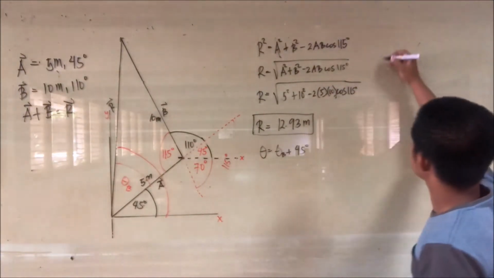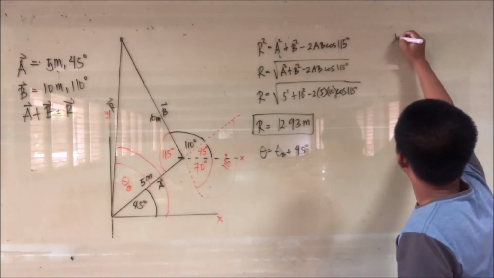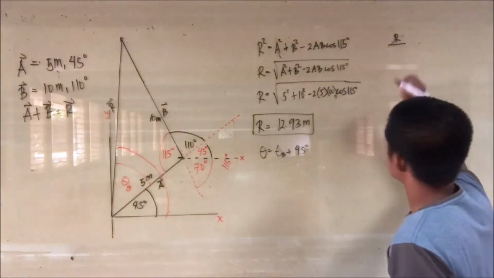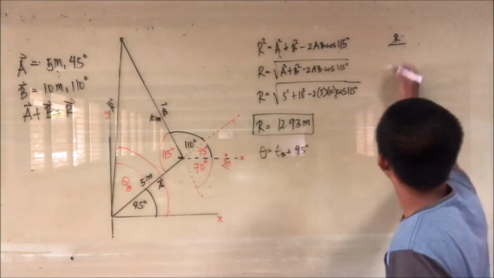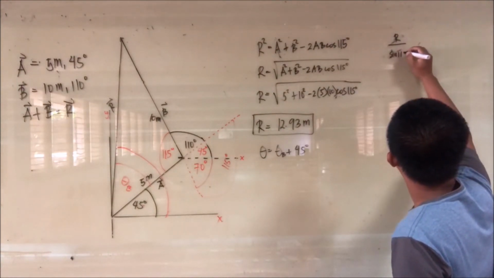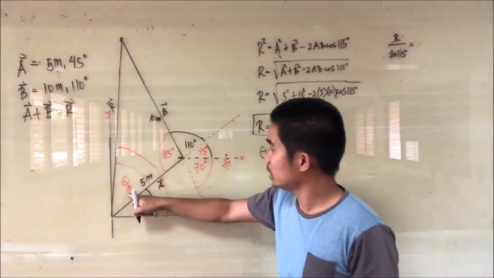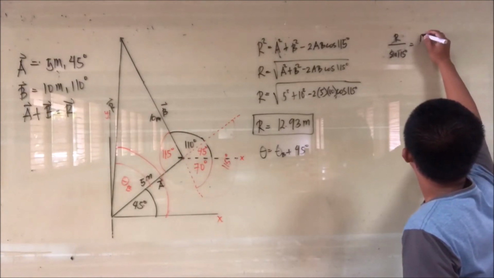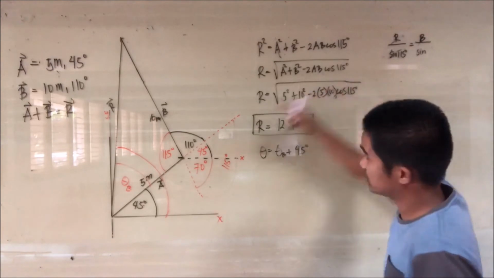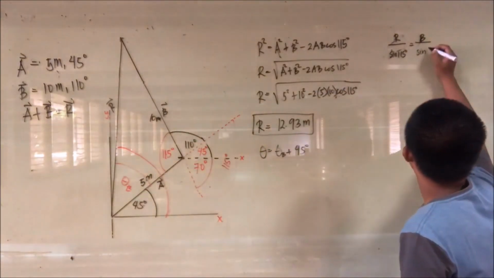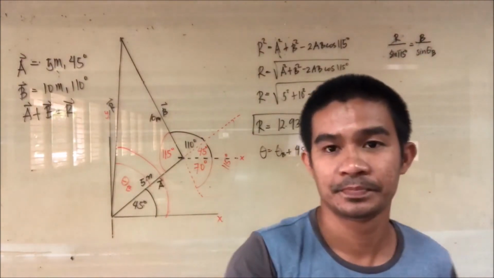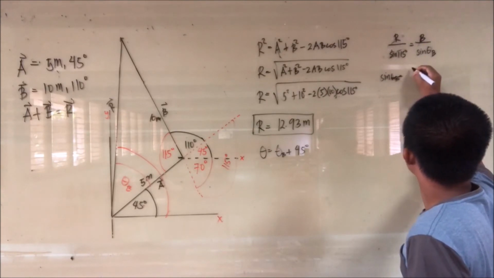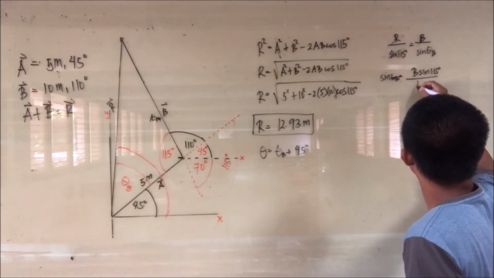Since we know already the length of R, which is 12.93 meters, that's R divided by the sine of its opposite angle, that's 115 degrees, sine of 115 degrees, which is equal to the known side, which is 10 meters, the magnitude of vector B. That's B over sine of its angle, and this angle is unknown, so we have sine theta of B. Or sine of theta of B equals B sine of 115 degrees all over R.